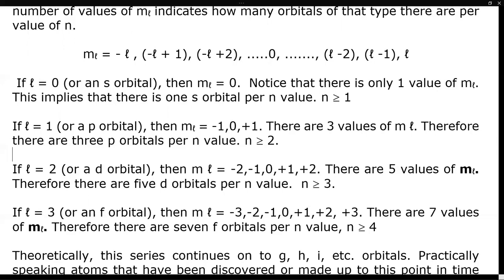It means there are 5 values of m sub L for n's greater than or equal to 3. If L is equal to 3, then that's an f orbital, then m sub L is negative 3, negative 2, negative 1, 0, plus 1, plus 2, plus 3, which means there are 7 values of m sub L, which means there are 7 f orbitals per value of n greater than or equal to 4.